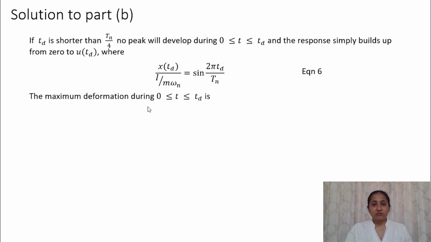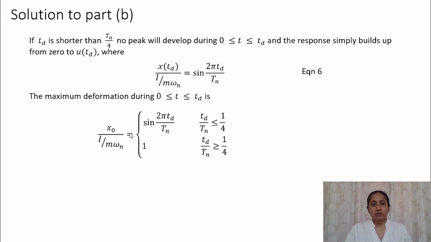So the maximum deformation during time between 0 and Td is x0 by I by m omega n equal to sine 2 pi Td by Tn if Td by Tn is less than or equal to 1 by 4. And this ratio is equal to 1 if Td by Tn is more than 1 by 4.